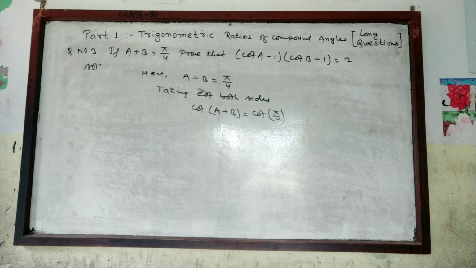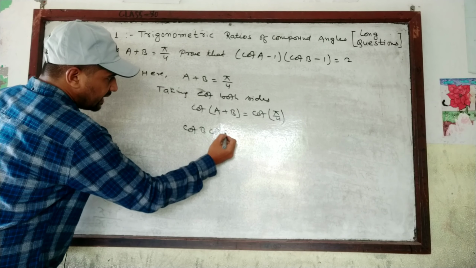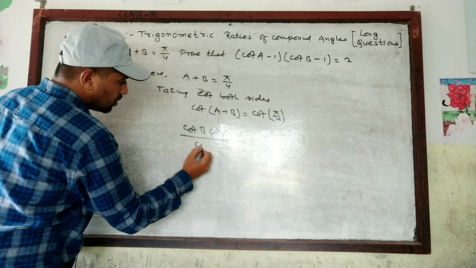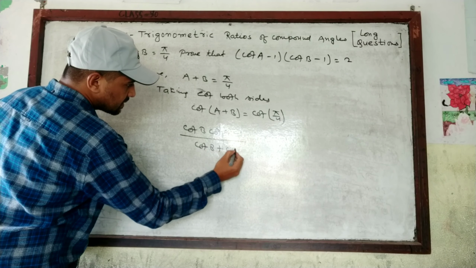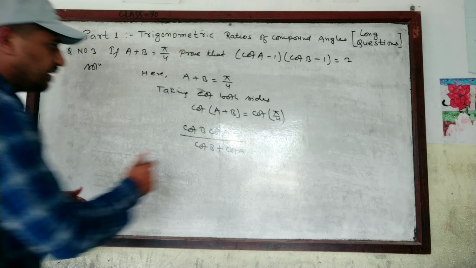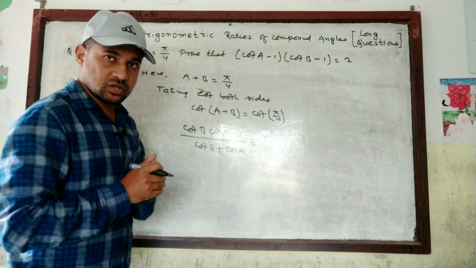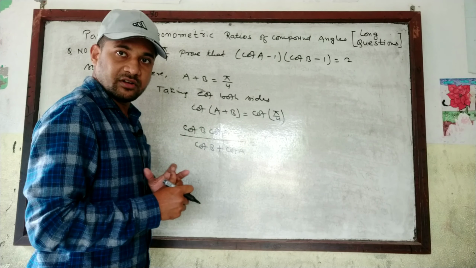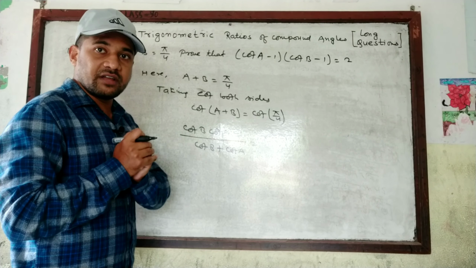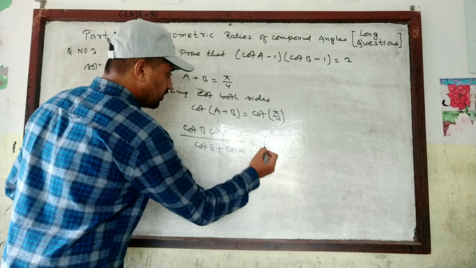Cot a plus b is (cot b cot a minus 1) by (cot b plus cot a). And tan 45 means 1, so cot 45 is also 1, the reciprocal of tan 45.